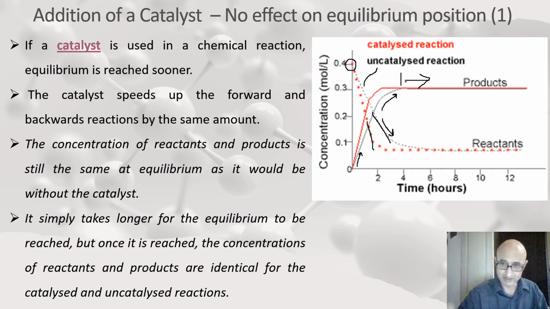In that particular instance, which you already saw in your syllabus, if you had just opened the bottle of hydrogen peroxide, you would have left it for a long time without seeing any effect at all. It is not visible to the naked eye in that way.